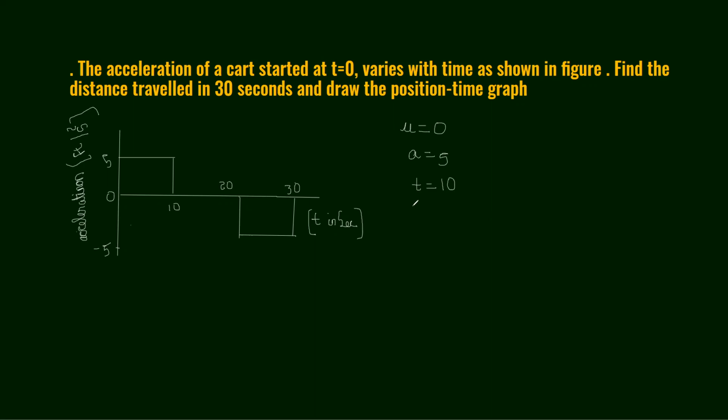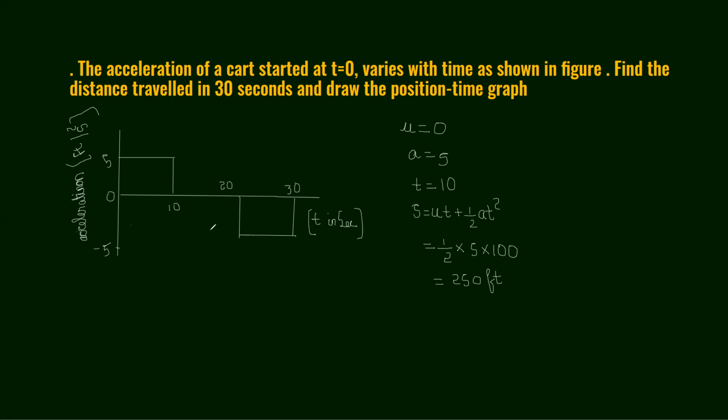So the distance traveled s is equal to ut plus half a t square. So u is equal to 0, that is half into a, 5, into t square, that is 100. So it equals 250 feet. So that's the distance traveled in the first 10 seconds.